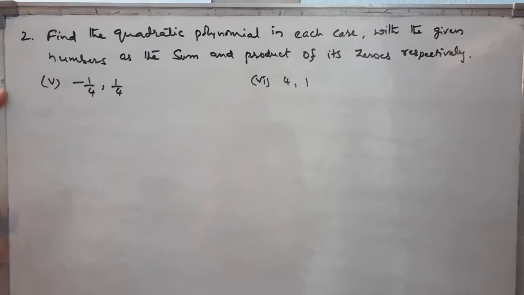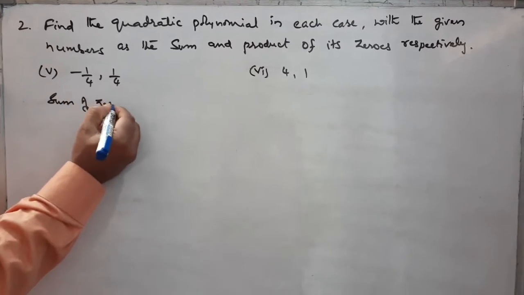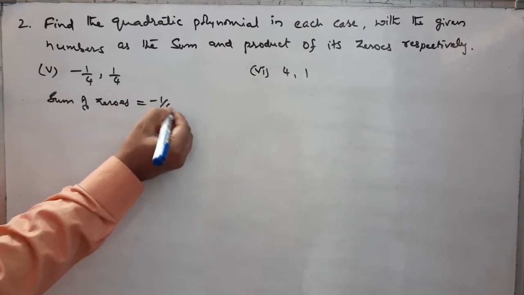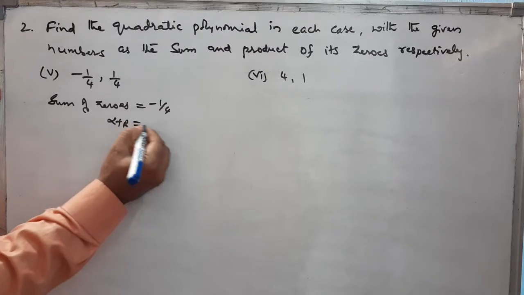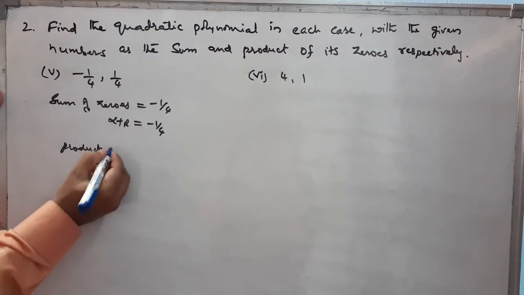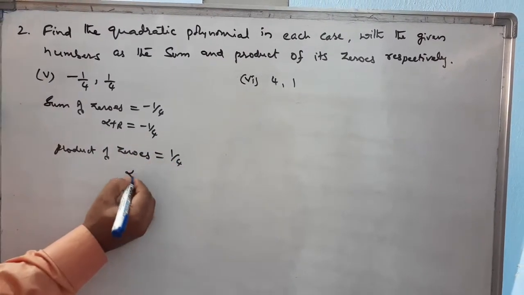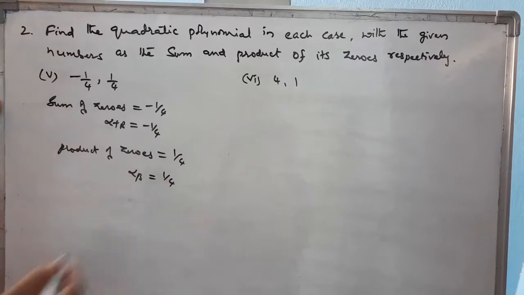So next, the fifth one. Here also it is given the sum of zeros is minus 1 by 4, that is alpha plus beta equal to minus 1 by 4, and the product of zeros is equal to 1 by 4, that means alpha beta equal to 1 by 4.